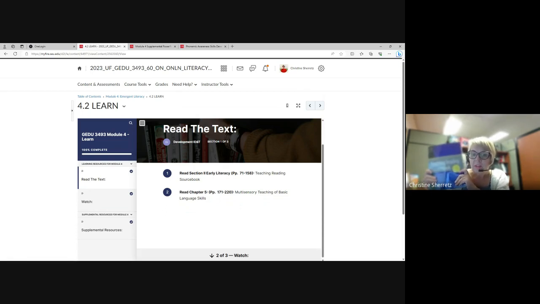That's what I would say is scanning it, okay? But the next part, multisensory teaching of basic language skills, that's what I really want you to carefully read. So that's your other textbook. That's going to give you the content that you need to understand early emergent literacy skills. So that's what you're going to read.